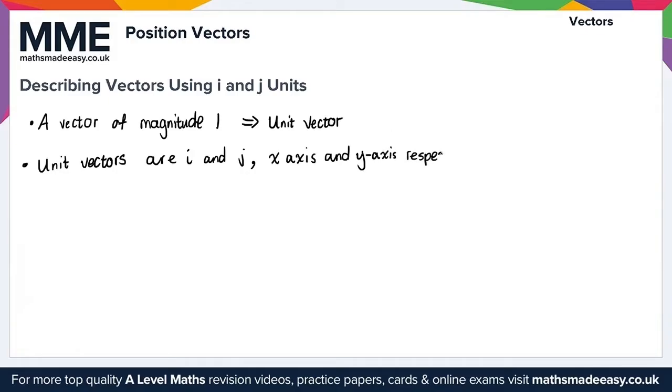Okay, just note that down. And these standard unit vectors are used to express the horizontal and vertical position of the end of a vector compared to its start point.